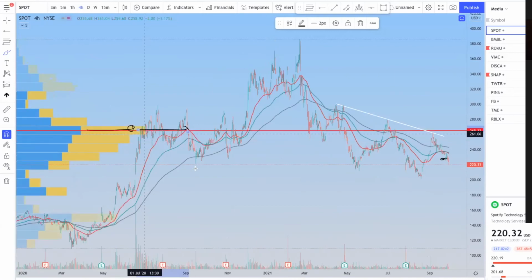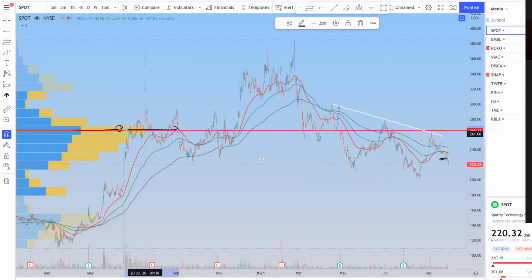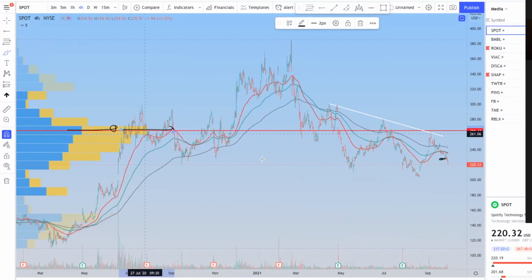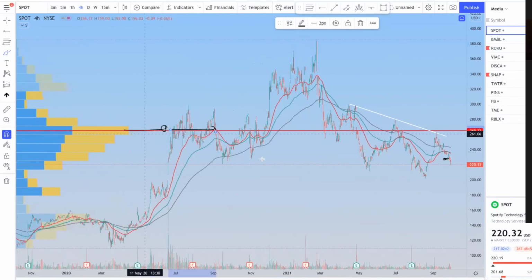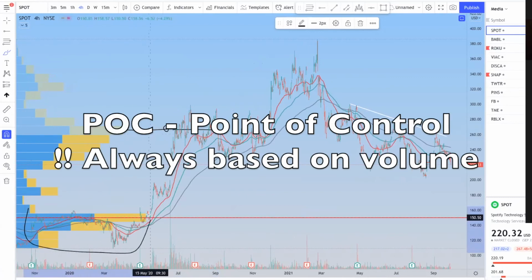So yeah, you have to consider the POC as the most important pivot point, right? So you see, if I move, then it completely changed. And it's all based on the volumes, right?